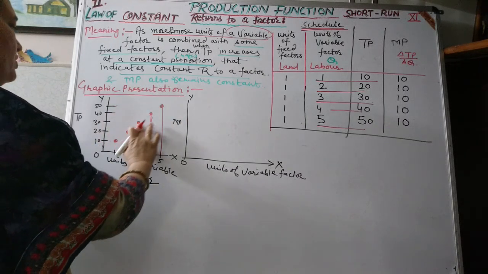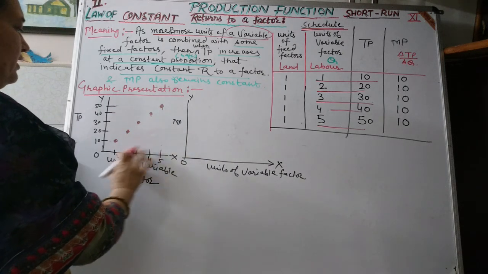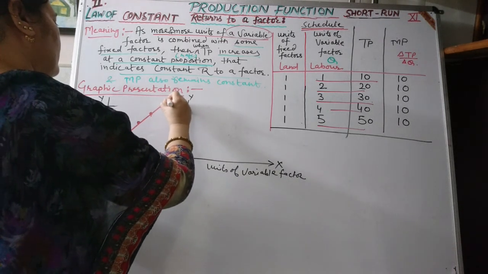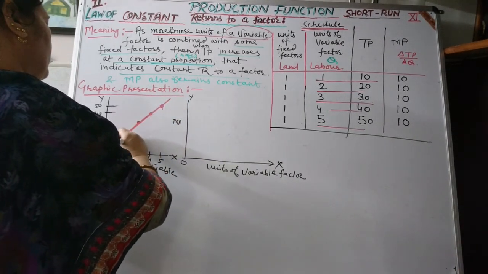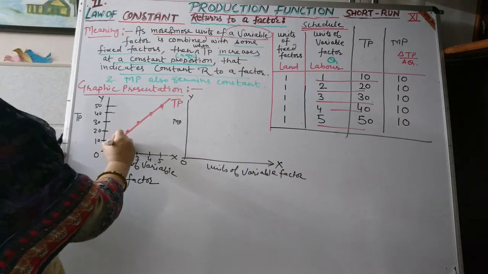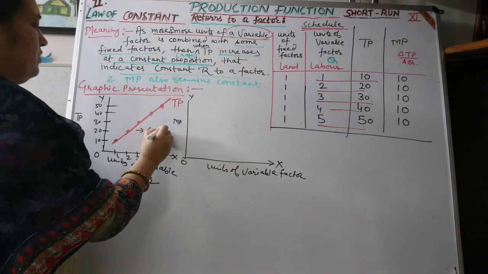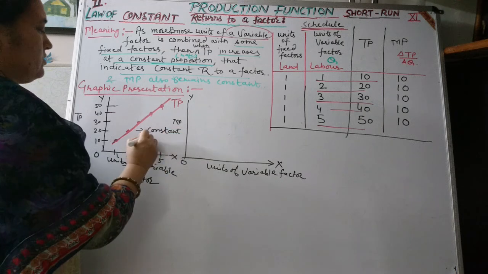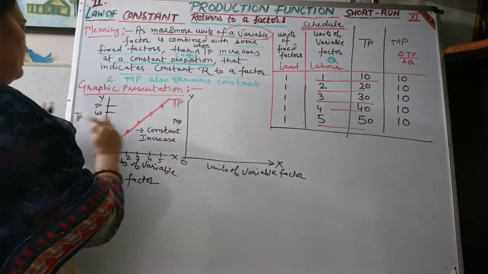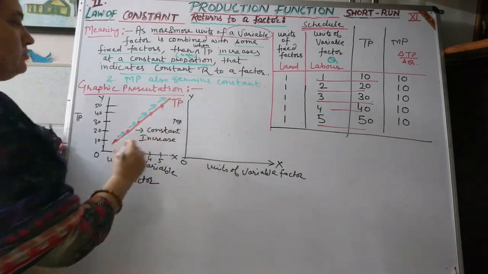We will get the total production curve, and you can erase the dotted lines, which you can draw with the help of a pencil. So this is the total production curve, which is upward sloping from left to right and shows a constant increase in total production.